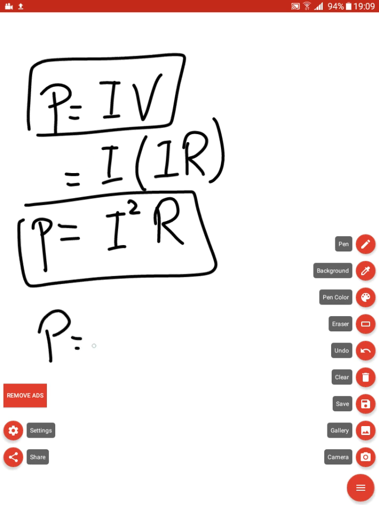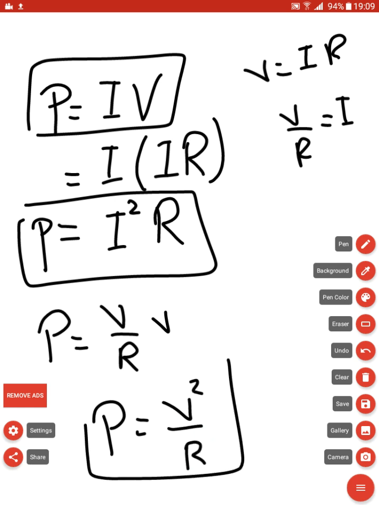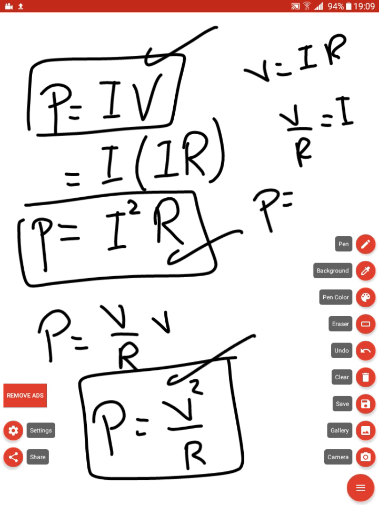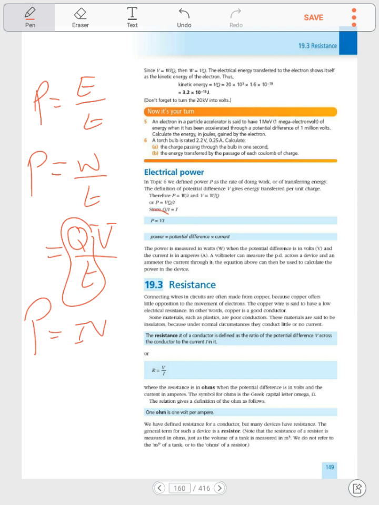And we can use, instead of I, V equals IR, so I equals V over R. So V over R multiplied by V, power equals V squared over R. So we have these laws, and power equals energy over time as well. All of these are equations to find the amount of power, okay? And the power is measured in watt or kilowatt.